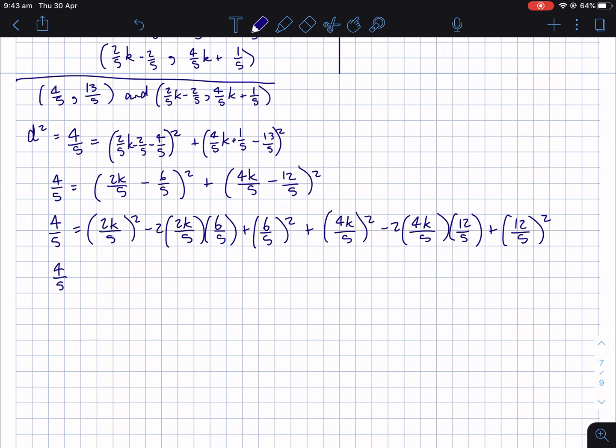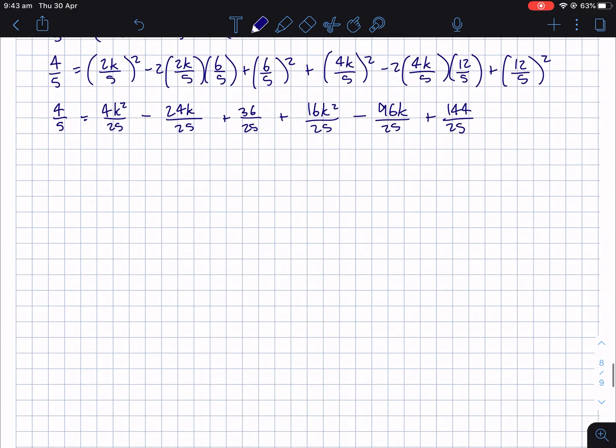So I've got 4/5 equals. Now everything, okay, I'm just going to do it. 4k squared on 25, take 24k on 25 plus 36 on 25 plus 16k squared on 25, take 96k on 25 plus 144 on 25.